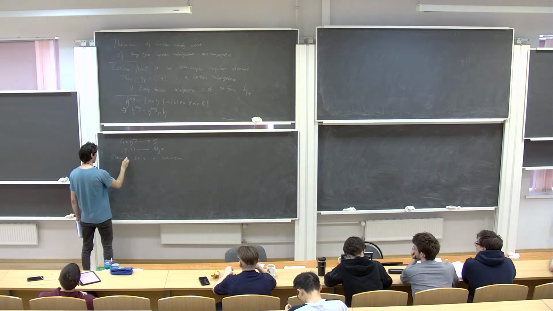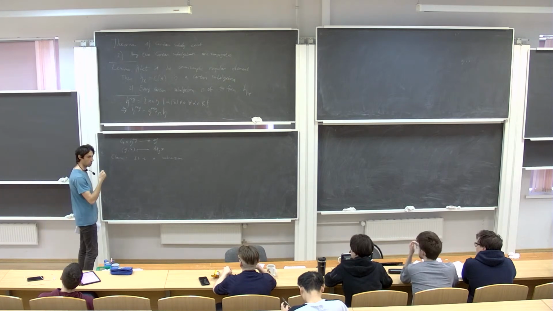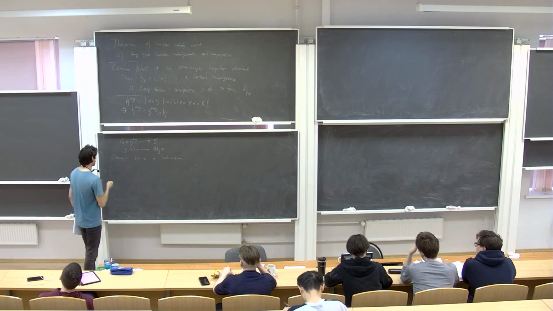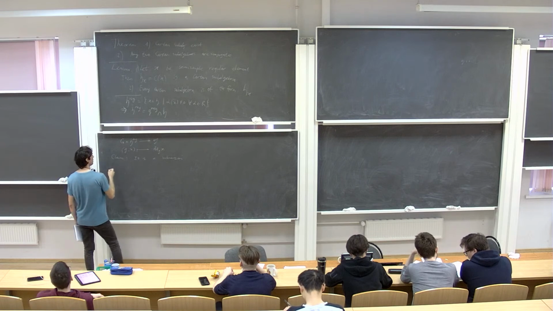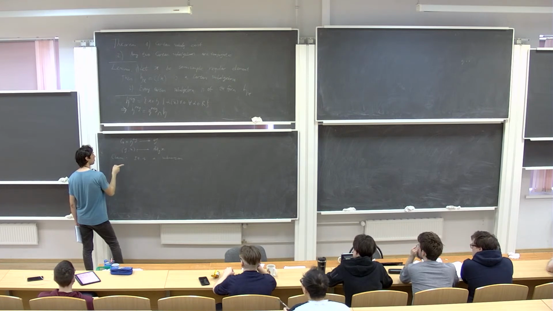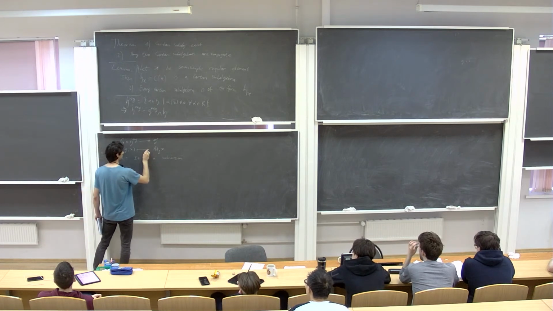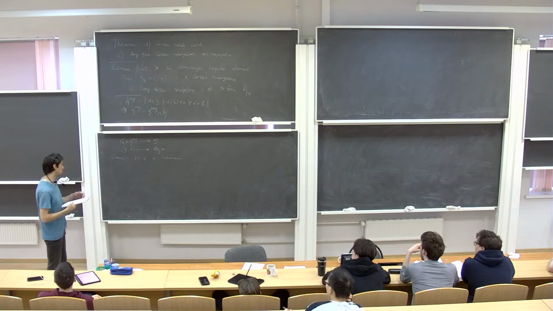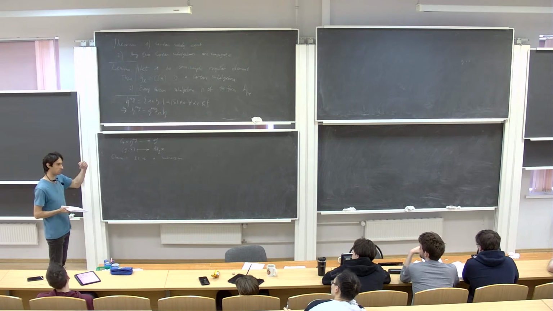So let me not check that. You just need to compute the differential, and then it means that each point in the image of this map has a neighborhood in the image of this map, right?